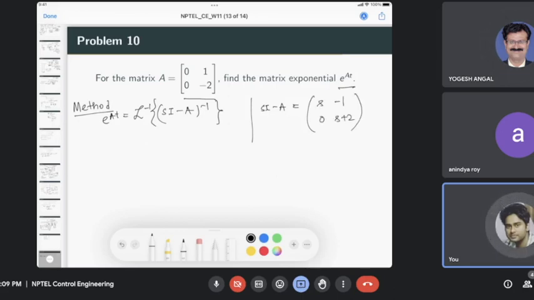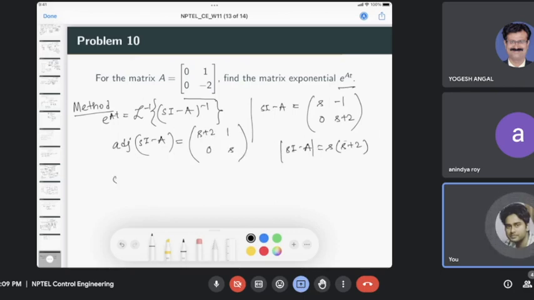The determinant is s square plus, just keep it simple, because we will factorize it, s into s plus 2. So this is the determinant of sI minus A, and the adjoint is s plus 2, 1, 0, s.